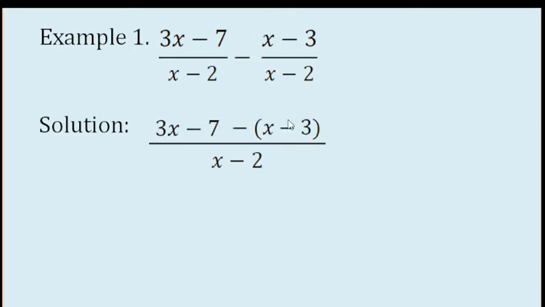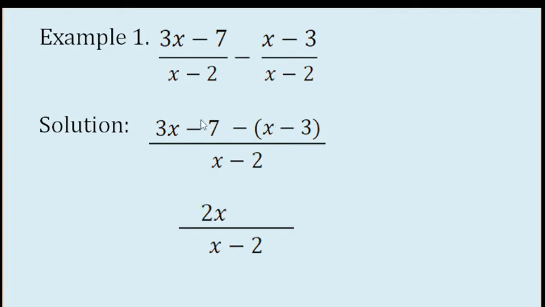Why is it important to write this x minus 3 in parentheses? Because this minus sign will affect both the x and the minus 3. So it's very important. But if it is plus, you don't need it, because the plus sign as the operation sign won't affect the terms. Now let's go to simplifying. Write down the denominator, then perform the operation, 3x minus x is 2x.